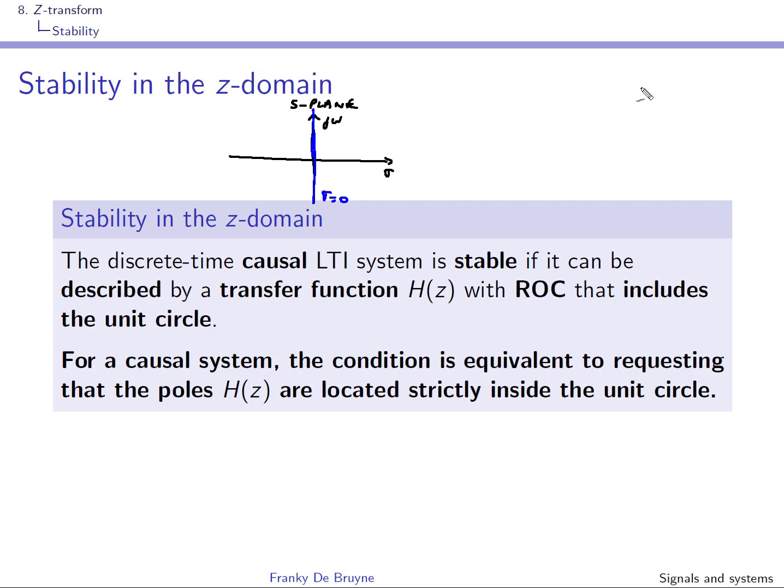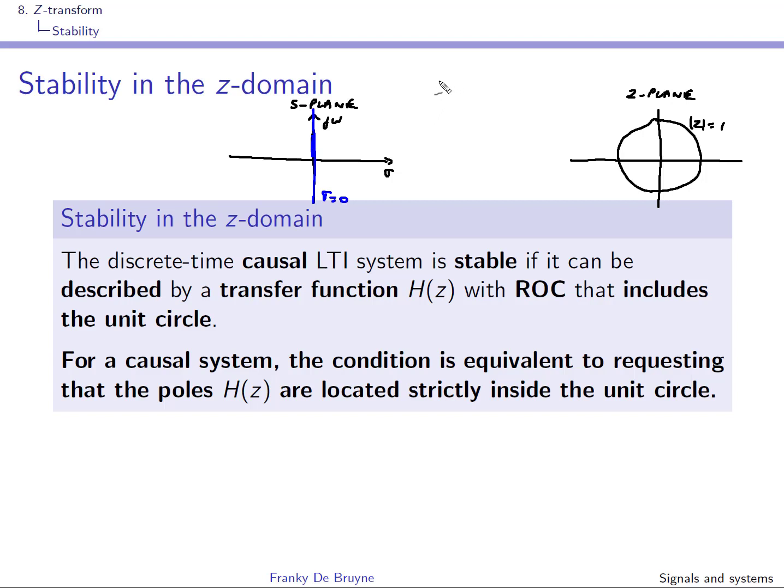Let us now look at the z-plane. What we can do is draw the unit circle, the modulus of z equal to 1.